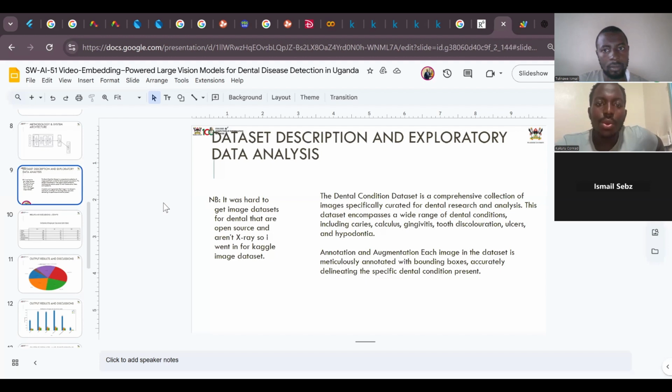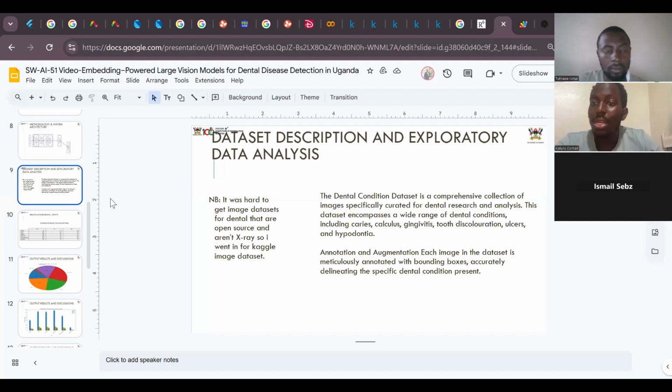With the data set, we used a data set from Kaggle because we tried to look for image data sets that were not X-ray, that were free online. We found it hard, so we had to go in for Kaggle data sets, even though it's not allowed. Please forgive. For the dental, it has caries, calculus, conjunctivitis, tooth discoloring, ulcers, and hypodontia.